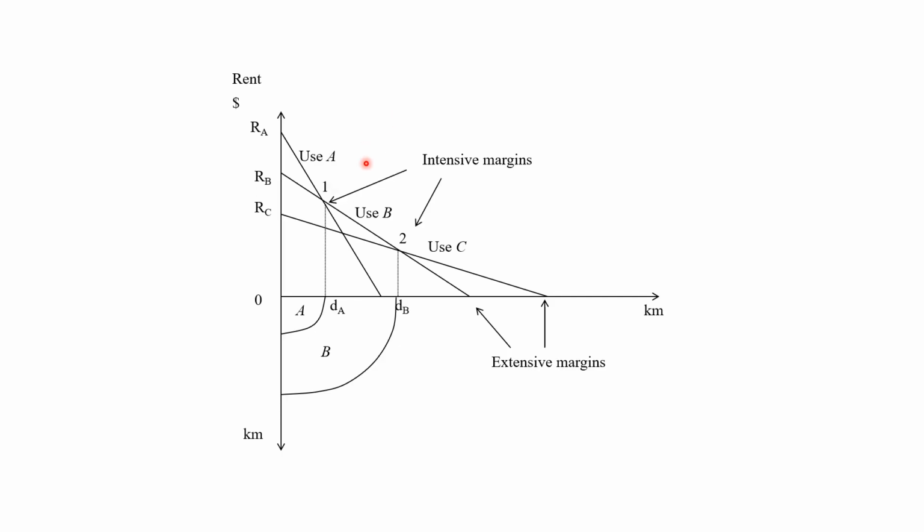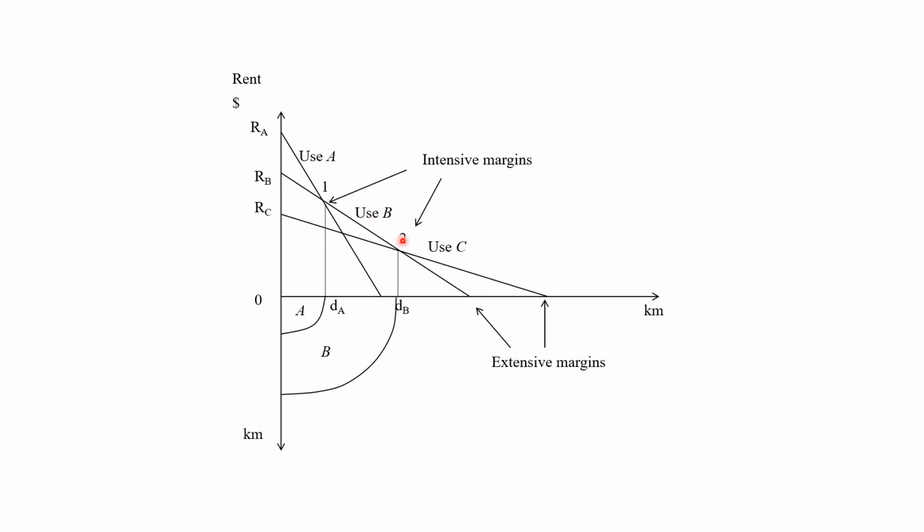Putting it all together, we can see that as you introduce more uses, for example, use A, use B, use C, dairy, forestry, grains, then you would switch at point 1 from dairy, use A, to use B, and at point 2, you'd switch from forestry, use B, to use C, which was grains.